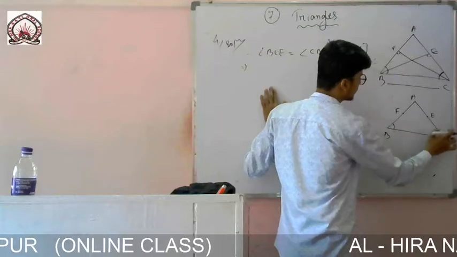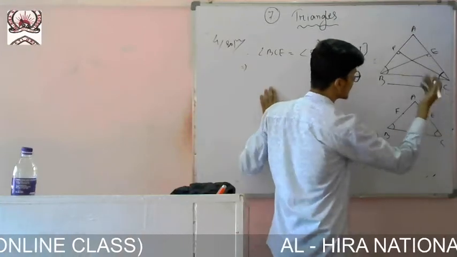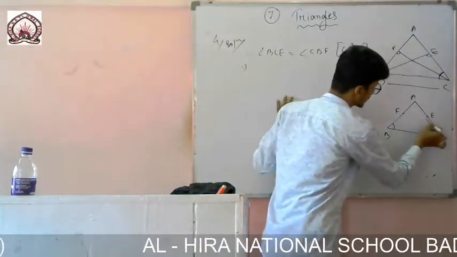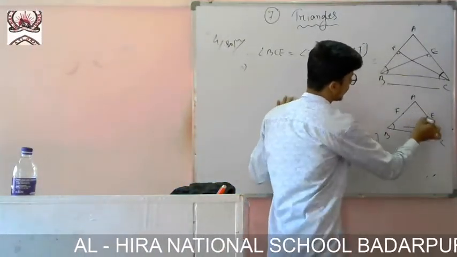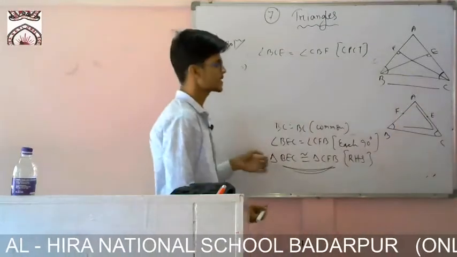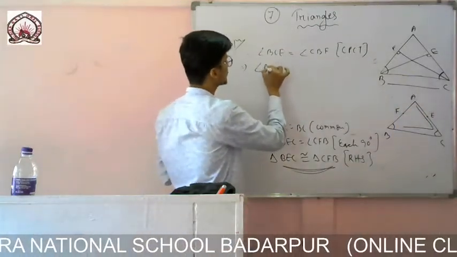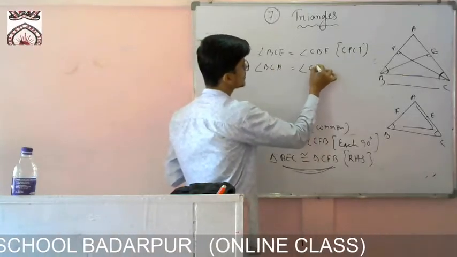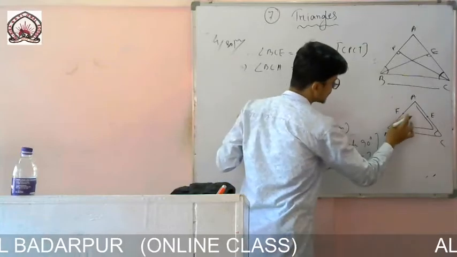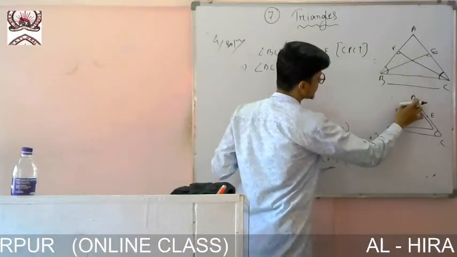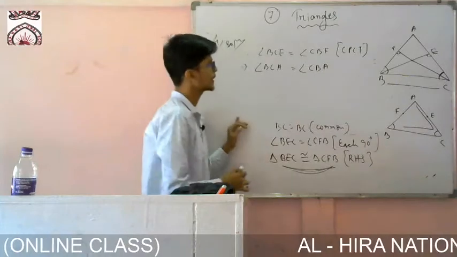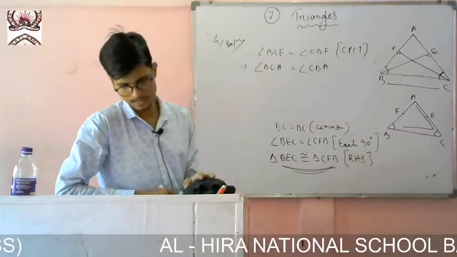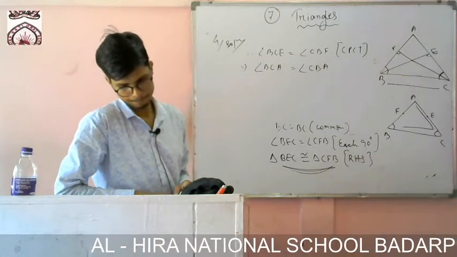Whether I write BCE or BCA, it is the same, the angle remains the same. So in place of E I am writing A, and CBF I am extending up to A, so there also I am writing A. So angle BCA equals angle CBA.